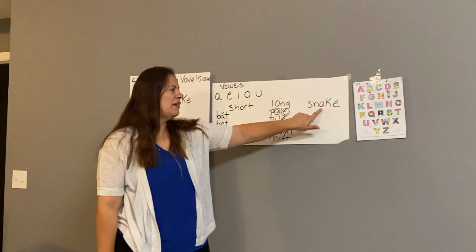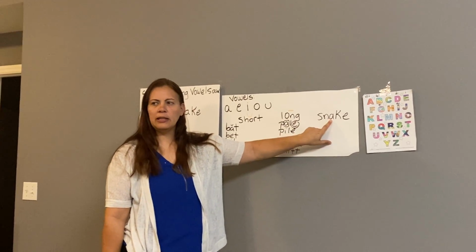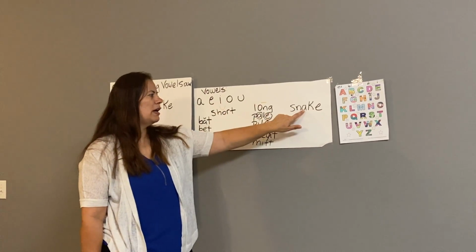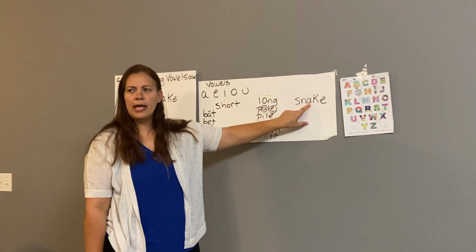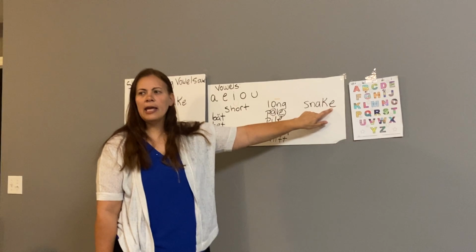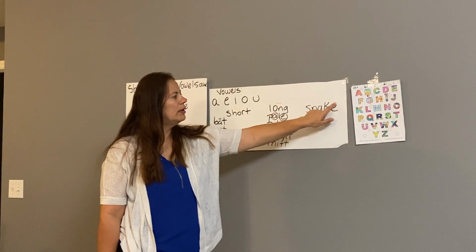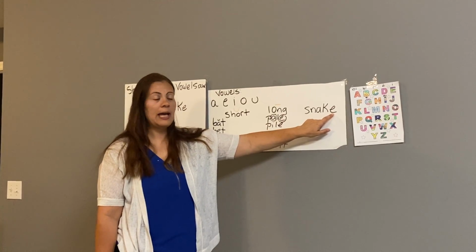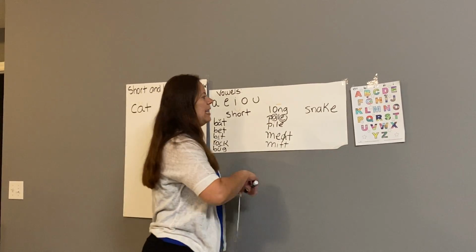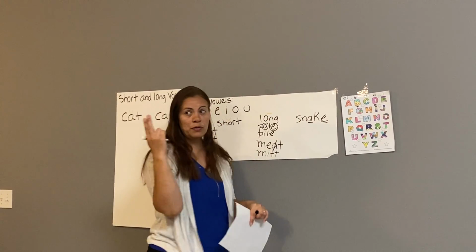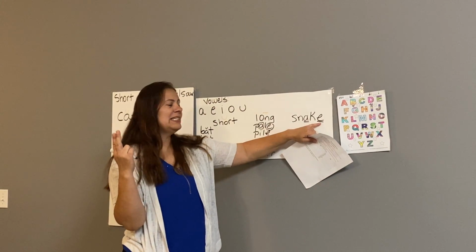Okay, so how many vowels do we have here, Angelica? Two vowels. What are they? A and E. Very nice. So you have vowels A and E. So remember, the E is at the end.